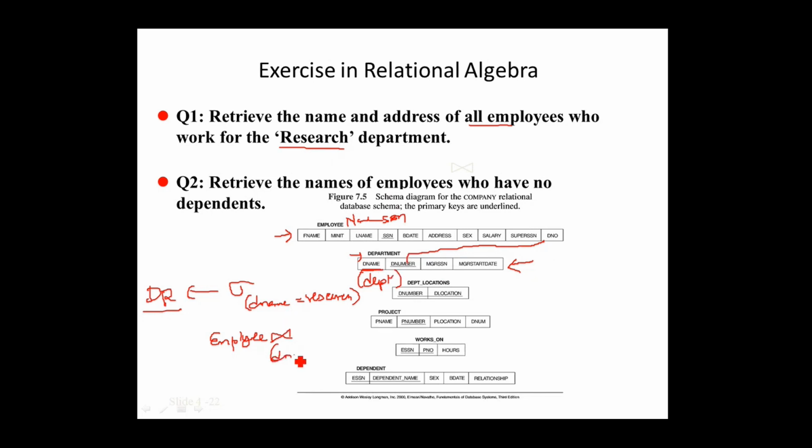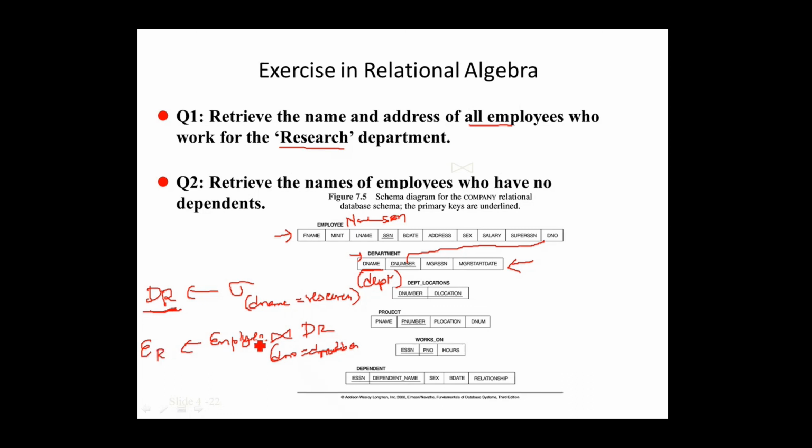So it is department number is equal to department number, and we are going to join with the result that we have achieved that contains only all the departments that have the name research. So it's going to be DR. So this I can say a result that is coming in as ER.